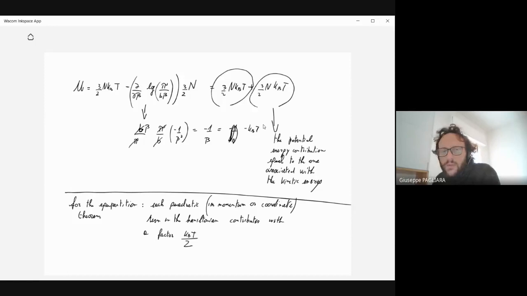As you have seen, the calculation basically follows the same calculation as the case of kinetic energy only, and I just have twice the same degrees of freedom that I had before, basically because the integral is just the same.